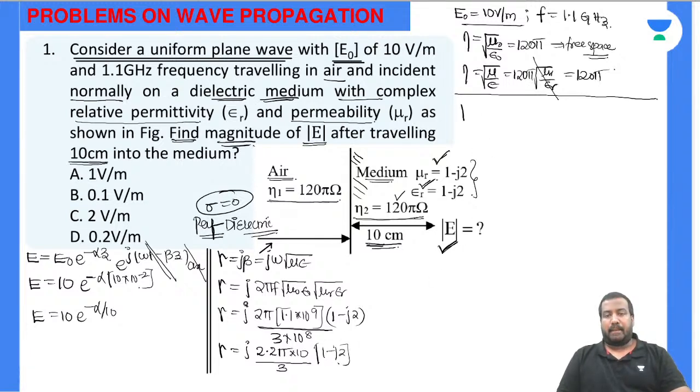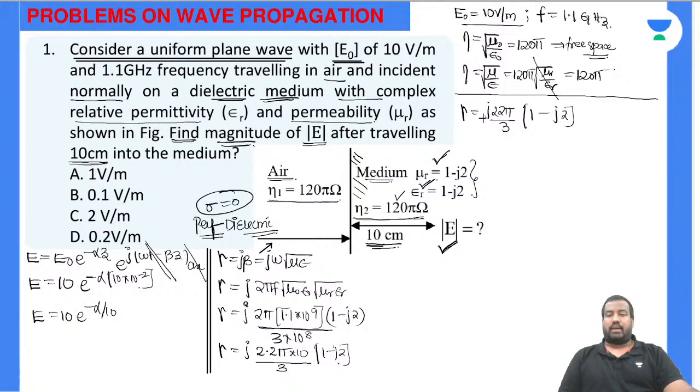The 10 power 8 gets cancelled, so gamma is j times 22 pi by 3 into 1 minus j2.